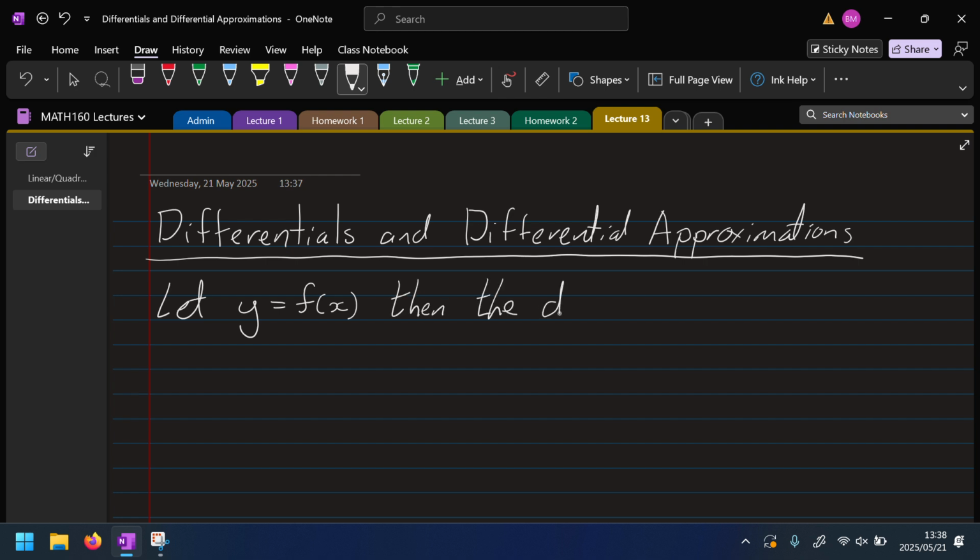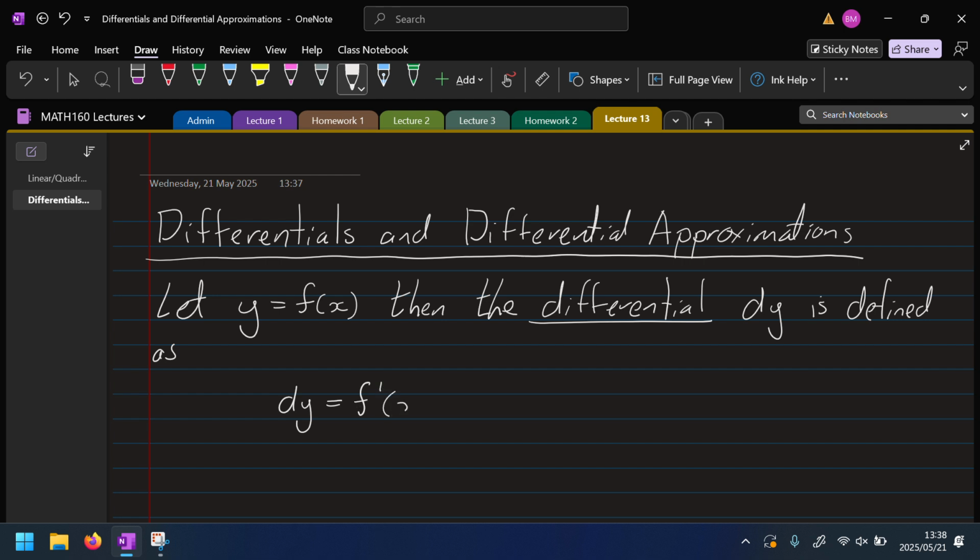Then the differential dy, not dy by dx, just dy by itself, is defined as dy equals f prime of x dx. It's a slight rewriting of the derivative we know: dy by dx equals f prime, and then we just take the dx over.